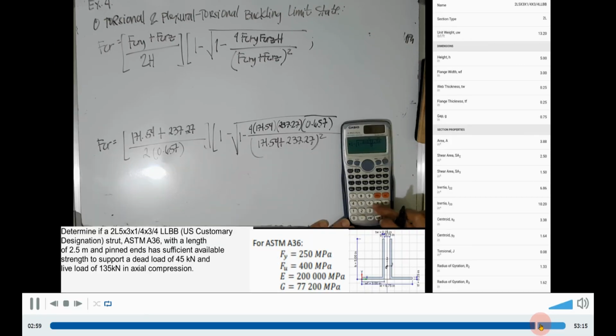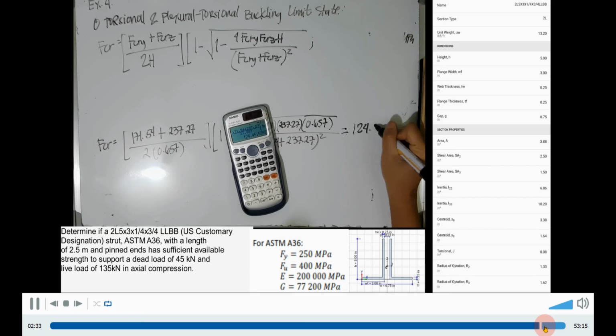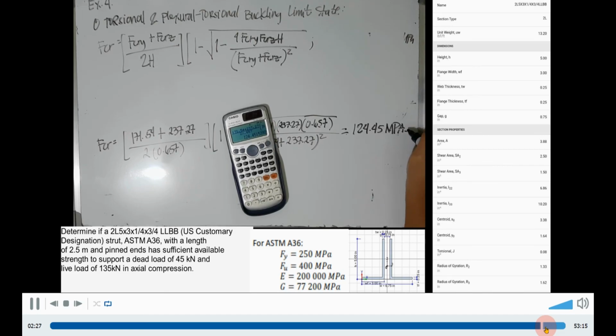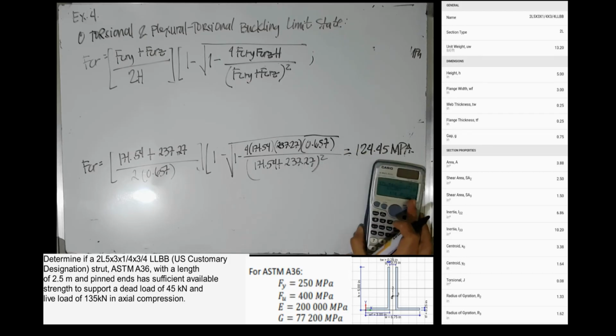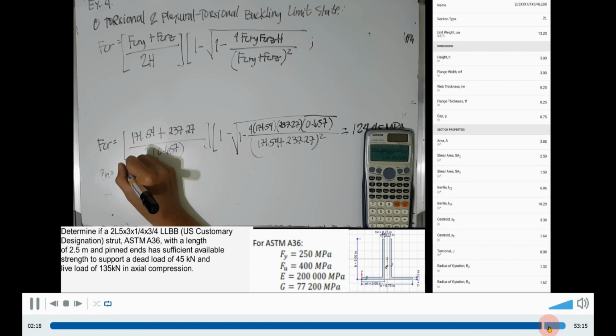So it is equal to 124.45 megapascal. And now we are ready to determine for the nominal strength by just multiplying it with the gross area.